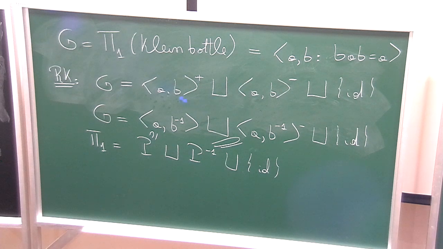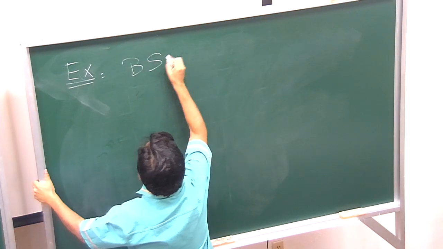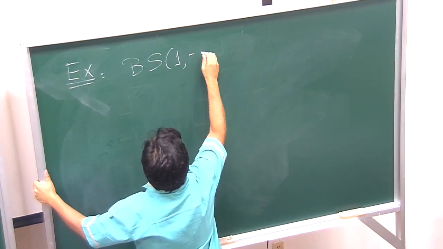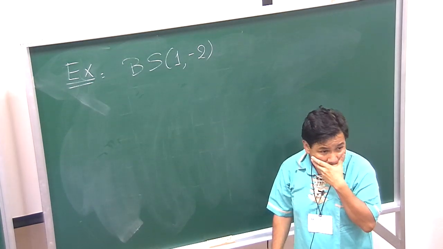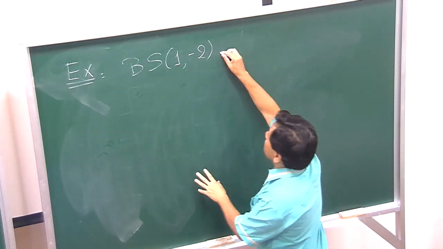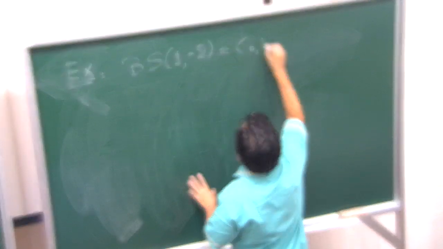Let me give an example to explain this. So you take the Baumslag-Solitar group BS(1, -2). This is the group generated by A and B.